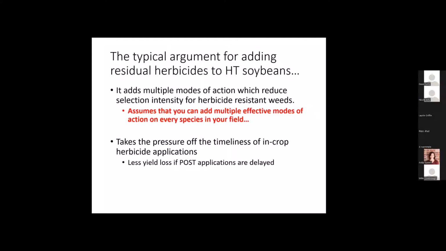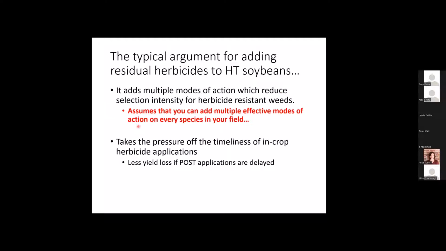So in terms of residual herbicides, here's been the conundrum. The typical argument for why someone should add a residual herbicide to herbicide tolerant soybeans has been two arguments, maybe one better than the other. The first is it adds multiple modes of action, which reduce selection intensity for herbicide-resistant weeds, which is fine. That sounds noble.